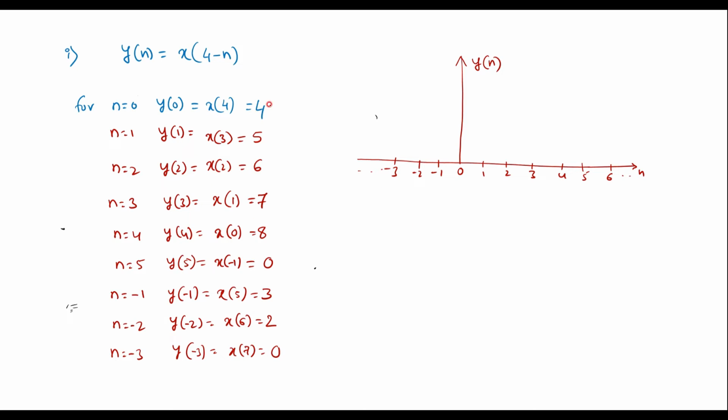So y of 0 is 4. So at 0, the amplitude is 4. At 1, it is 5. At 2, it is 6. At 3, it is 7. At 4, it is 8.